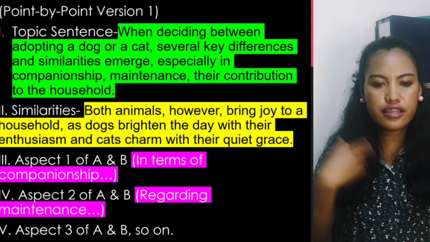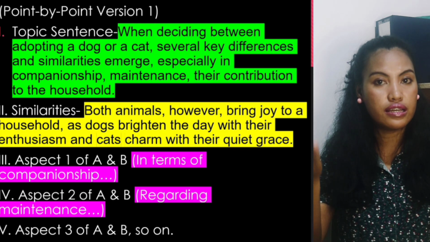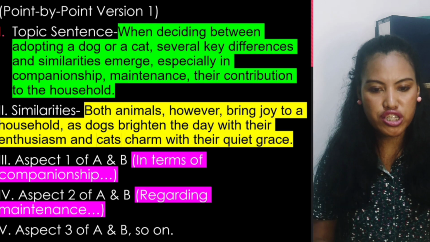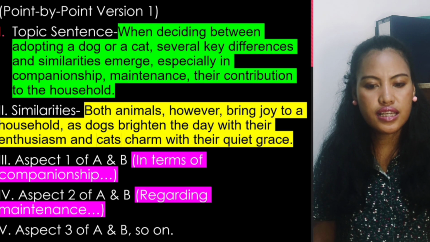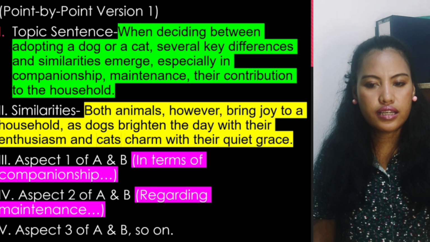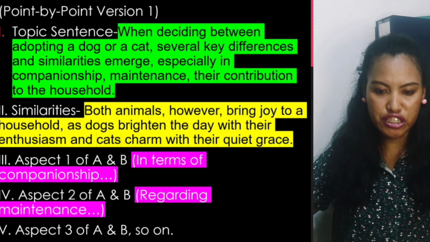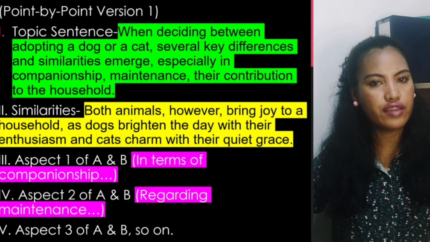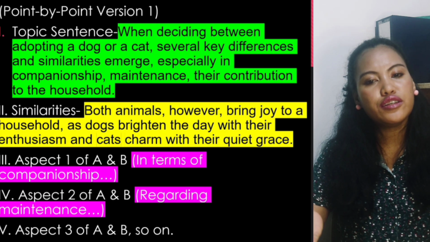And then in the third statement, you can already talk about companionship. And then in the next one, regarding maintenance. And then in other comparison and contrast paragraph, you can continue aspect three of A and B, so on and so on. And you know what?